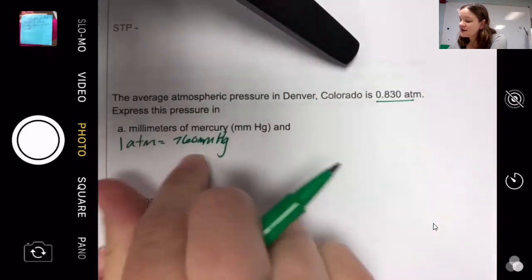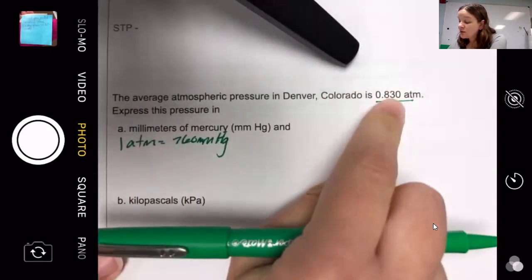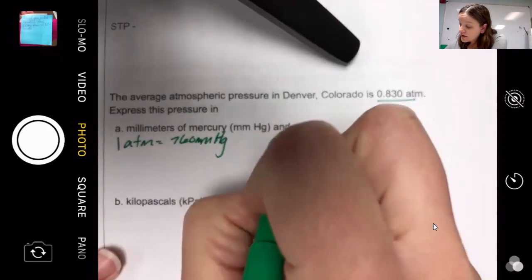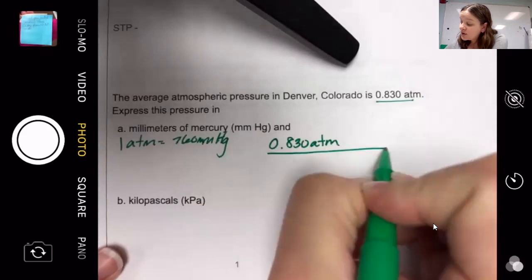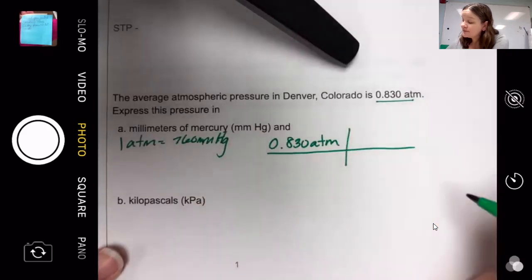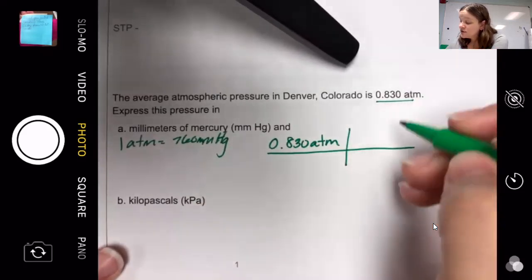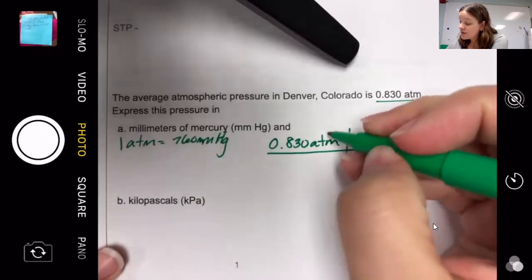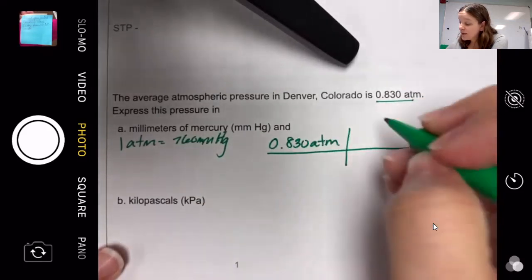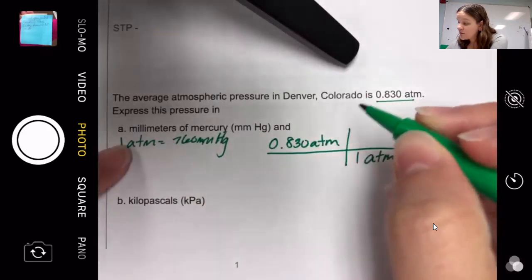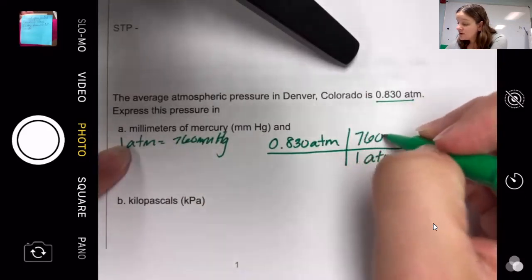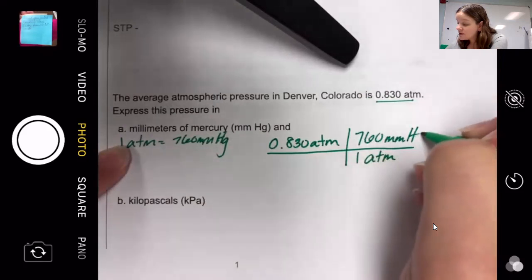So we start with what we're given, 0.830 atmospheres, and we convert this to millimeters of mercury. Atmospheres goes on the bottom to cancel: 1 atmosphere is equal to 760 millimeters of mercury.